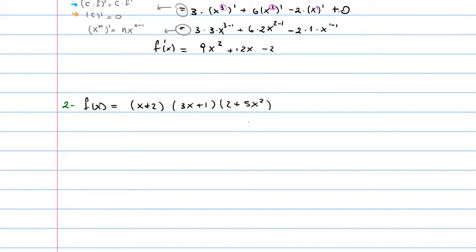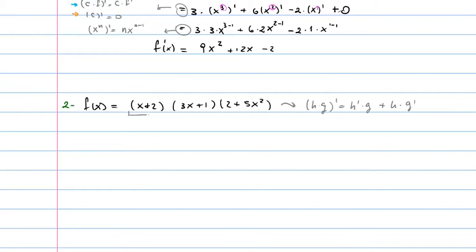So we have the product of three functions, and we know Leibniz rule. That tells us that the derivative of the product of two functions is the derivative of the first one times the second one plus the first one times the derivative of the second one.